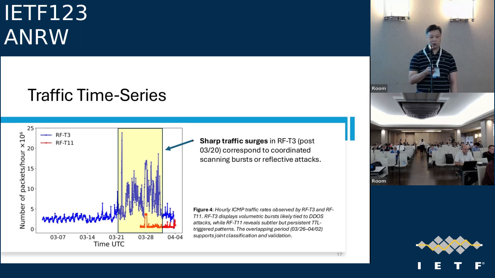The blue line shows the RFT3 traffic profile. For the RFT11, because we started capturing the traffic after March 26, we are still able to see some of the traffic surge during that period of time.